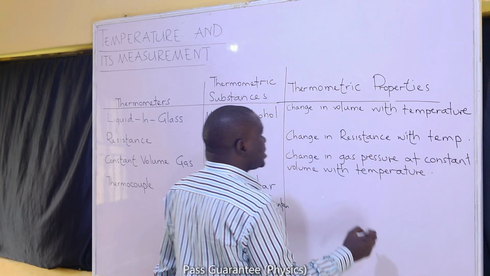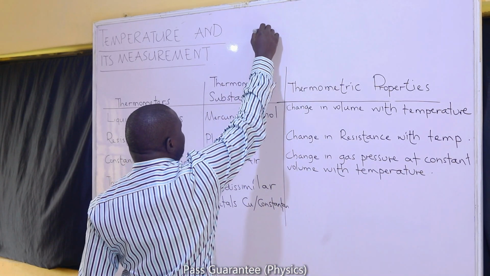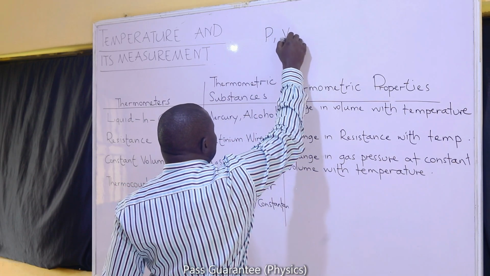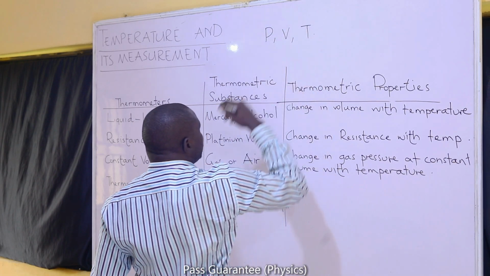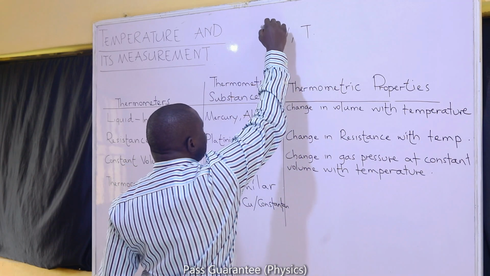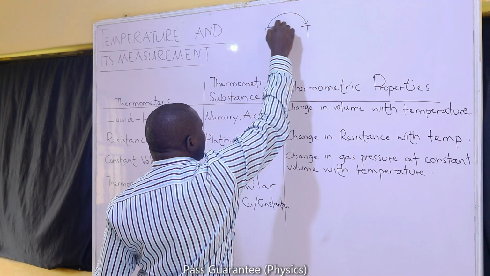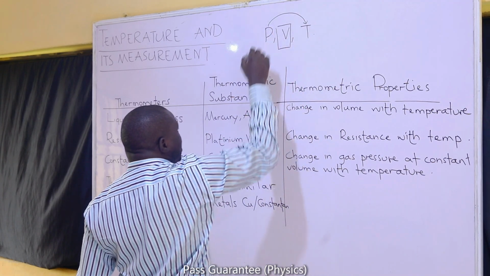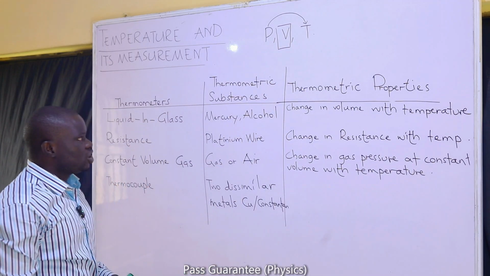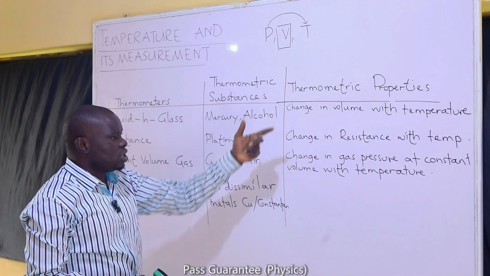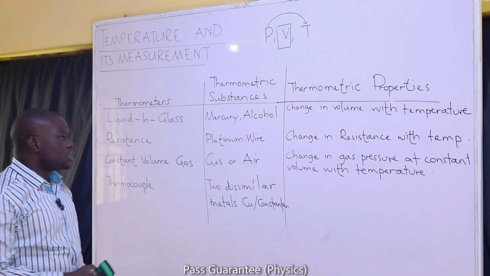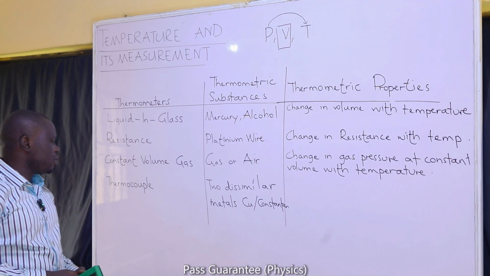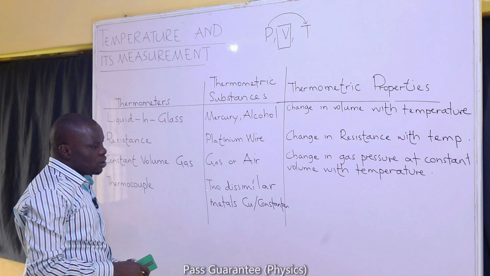Because generally gases have three properties: pressure, volume, and temperature. If I am going to measure the relationship between the pressure and temperature, I must ensure that the third property is kept constant. So the change in the pressure with temperature is something that I can use to measure the temperature in a constant volume gas thermometer.